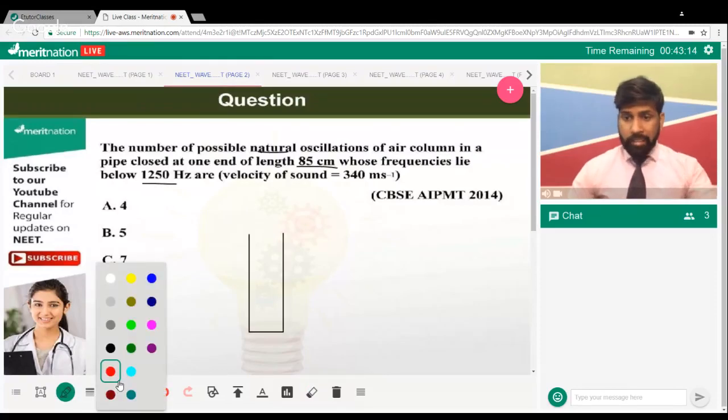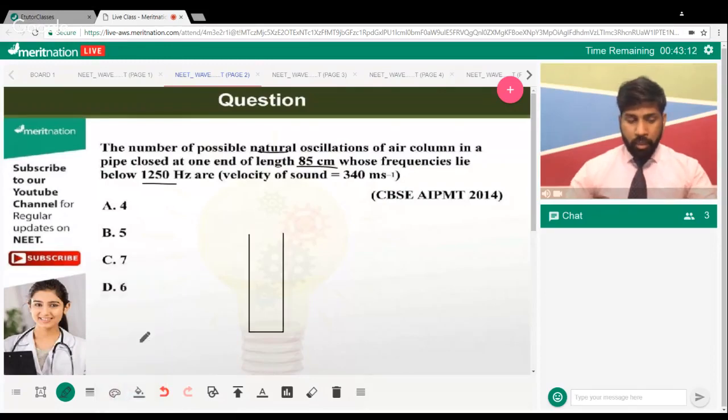So here we can see the minimum possible stationary wave. This will be the possibility, na? The first stationary wave. You can see this one.